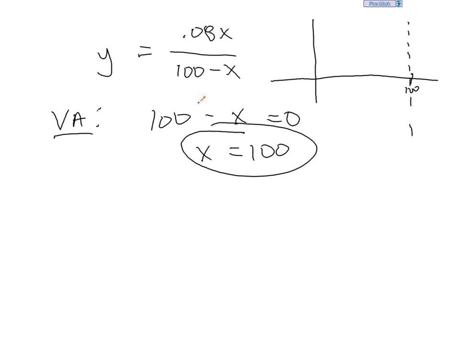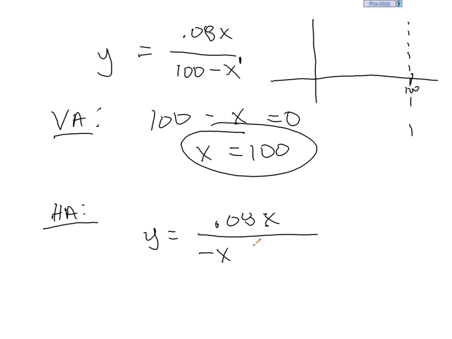Okay, what would my horizontal asymptote be, just so it gives me a better idea of what's happening to the graph? Let's rearrange this equation so that the highest order term comes first. Down here it's 100 minus x, but minus x is a variable with an exponent. So I will rewrite this as negative x plus 100, because remember this is really just saying 100 plus negative x, which is the same thing as negative x plus 100.